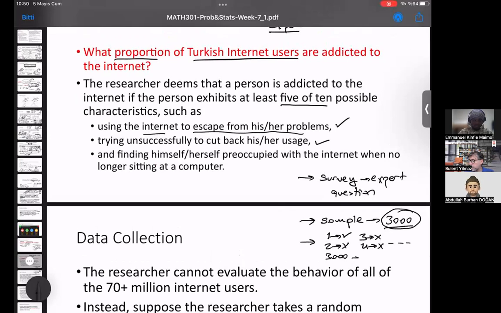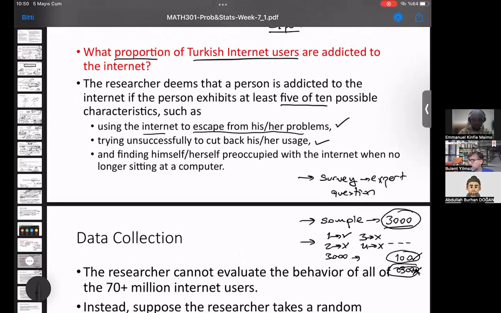After these 3,000 answers, let's say 100 of the people are checked. The remaining 2,900 people are not checked. That means these 100 people are addicted, and the remaining are not addicted.